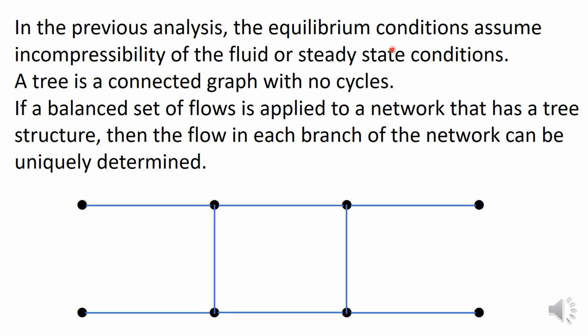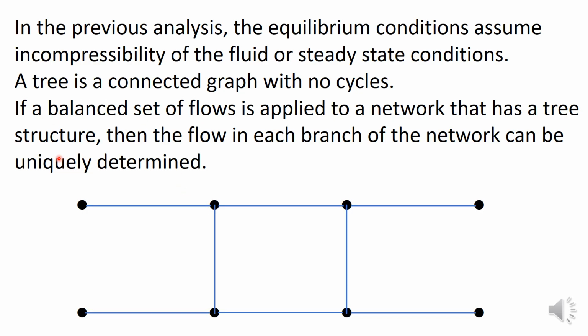However, under steady state conditions, even with a compressible fluid, you can assume steady mass flow rate. Even though compression occurs, the mass leaving this node per second equals the mass entering this node per second. This is under steady state conditions.